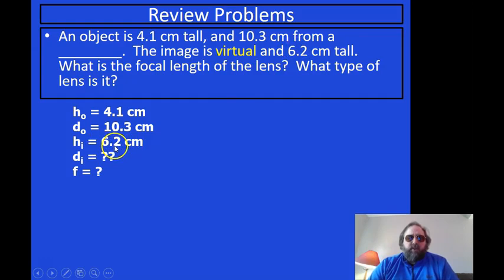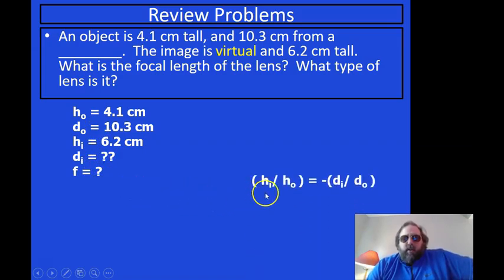So I have this information. And again, I have DO, but I don't have DI and F, so I can't start with my 1 over DO plus 1 over DI equation. So I have to go to magnification. HI over HO equals negative DI over DO. So 6.2 divided by 4.1 equals a negative DI over 10.3.